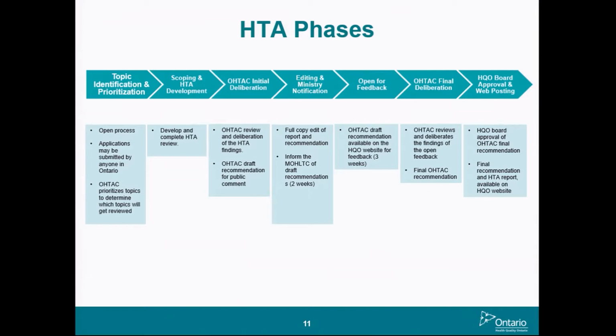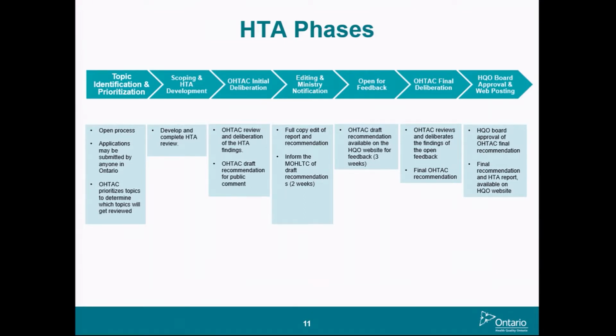During the scoping and the HTA development phase, we review the technology and come up with the cost effectiveness as well as the clinical effectiveness. Then OTAC deliberates on the HTA findings and comes up with a draft recommendation, which is posted for public comment. Then the report and the recommendation are edited, and the Ministry of Health and Long-Term Care is informed of the draft recommendation.